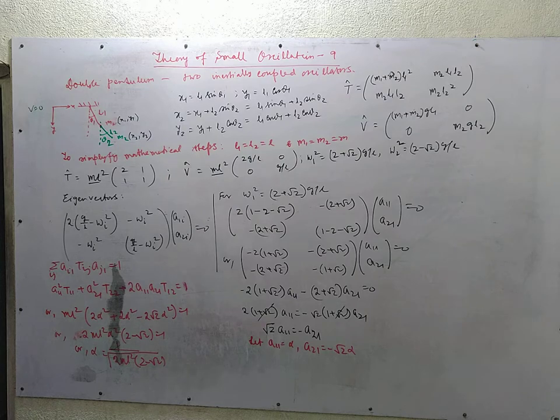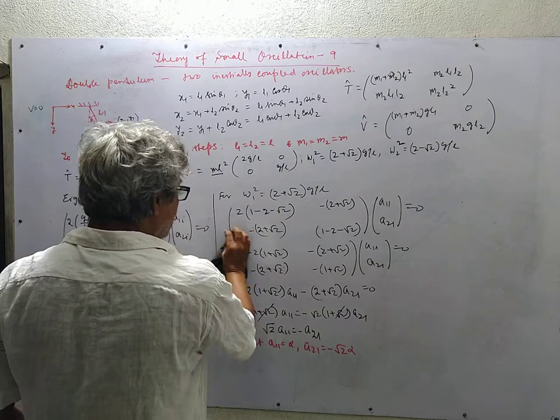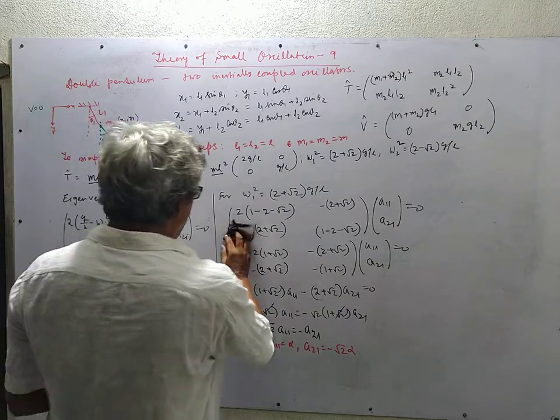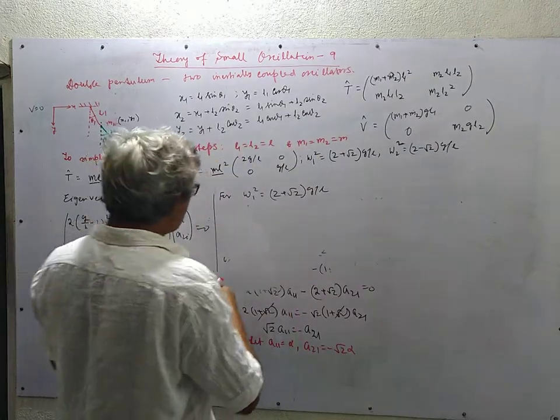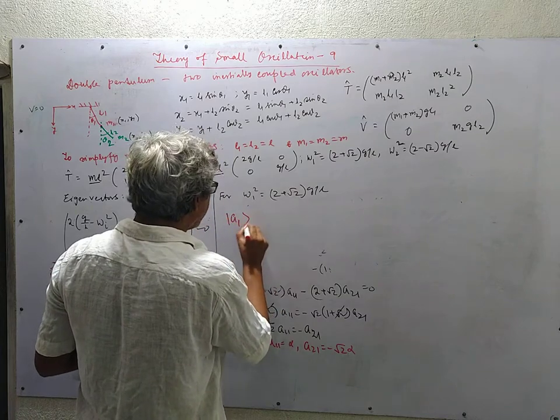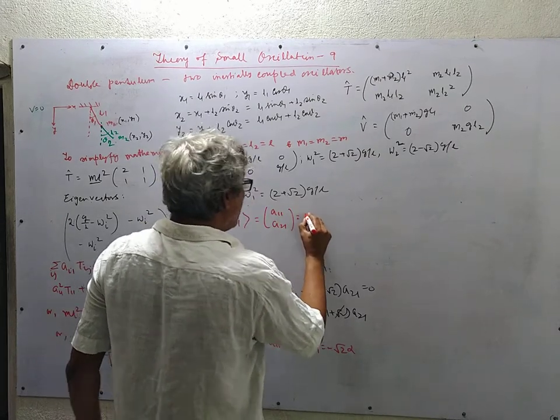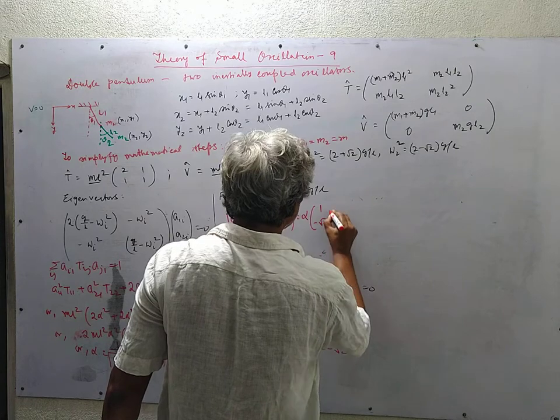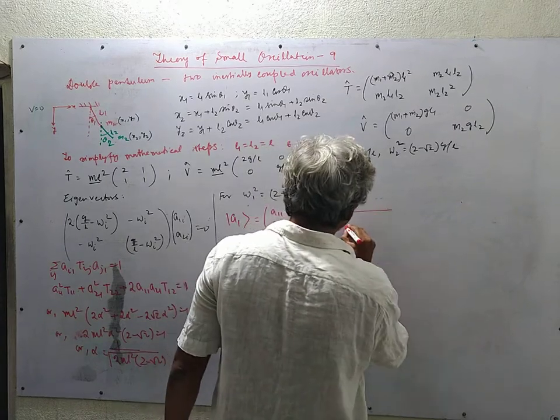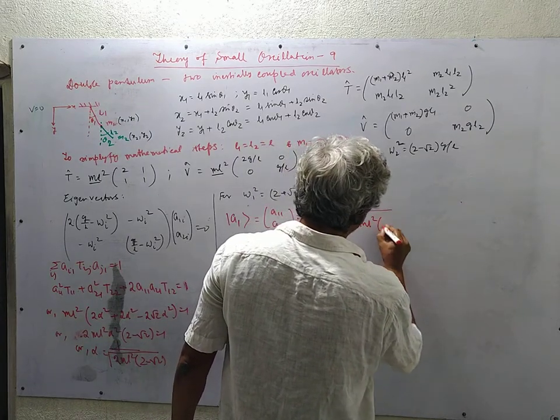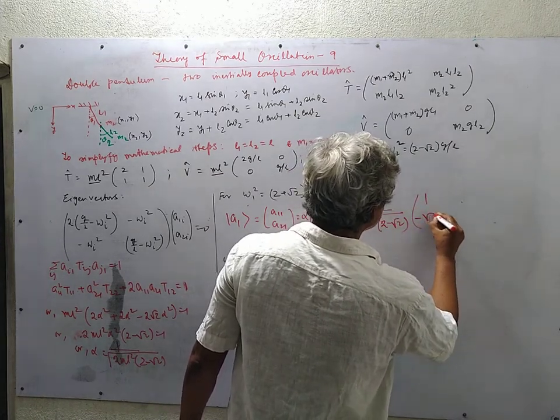So altogether, for omega equal to omega 1, we get the eigenvector like this. The eigenvector A1 is A11, A21, which, when alpha is taken common, is 1 minus root 2, and the value of alpha is this: 1 upon 2 m l squared (2 minus root 2).